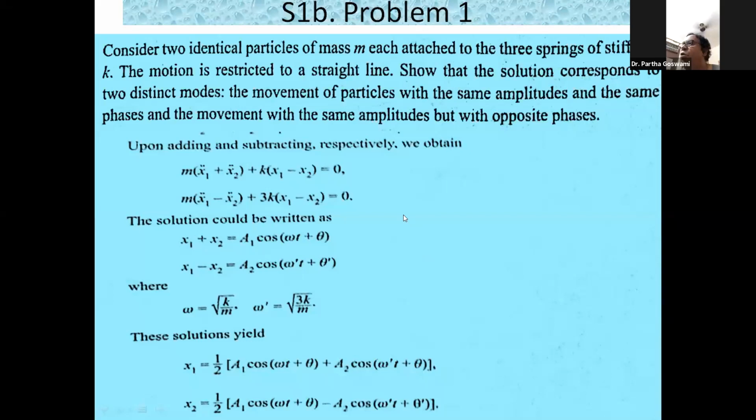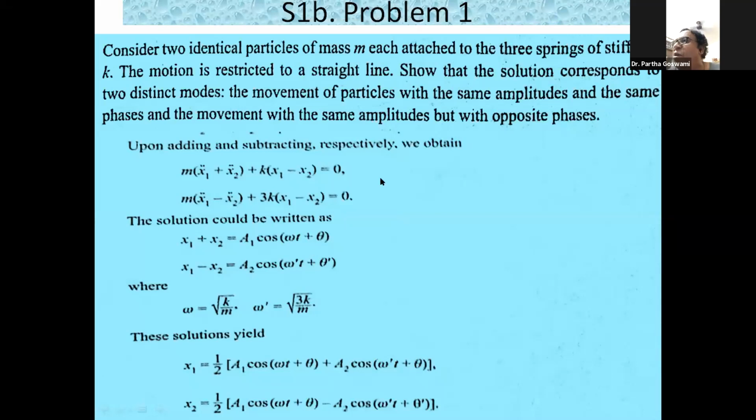Looking at these two equations, one can easily write down, because they are the differential equations of a harmonic oscillator, the solutions as I have written. X1 plus X2 equals A1 cos omega t, where omega angular frequency is square root of k by m, and X1 minus X2 is A2 cos omega prime t. Omega prime is square root of 3 times square root of k by m.